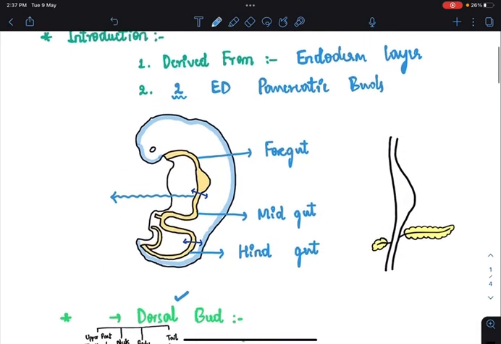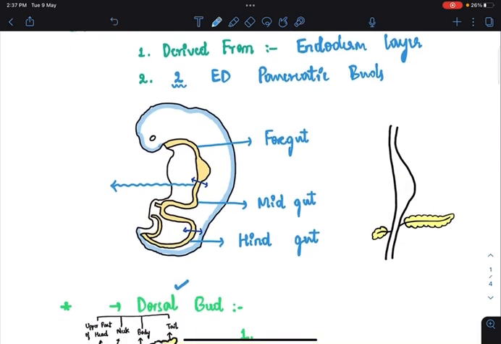They are named dorsal and ventral pancreatic buds because of their position. See here, this is the ventral pancreatic bud and this is the dorsal pancreatic bud, and this is the ventral side and this is the back or dorsal side of the developing fetus.